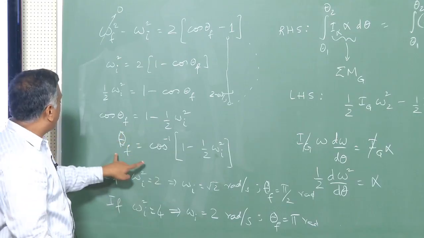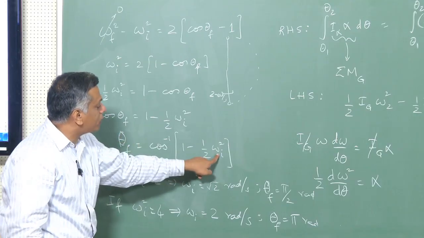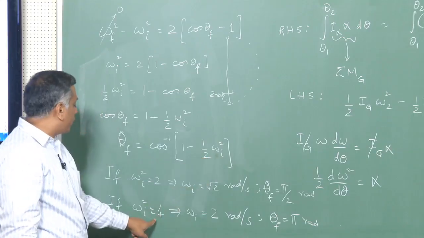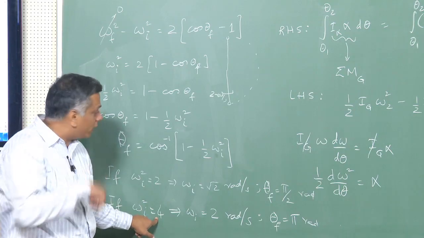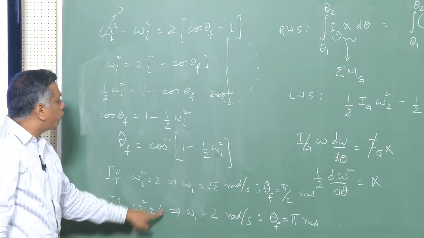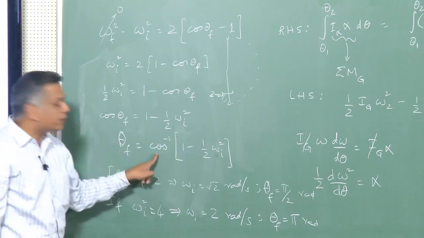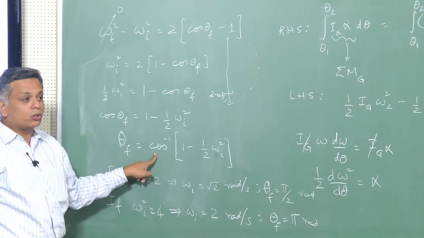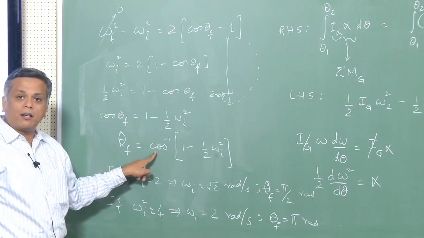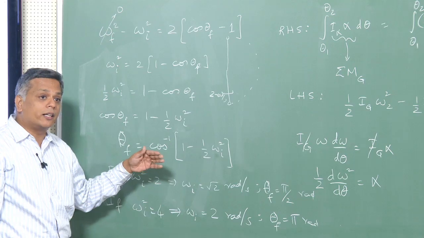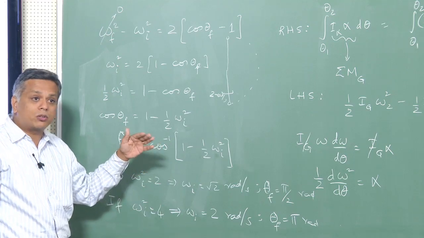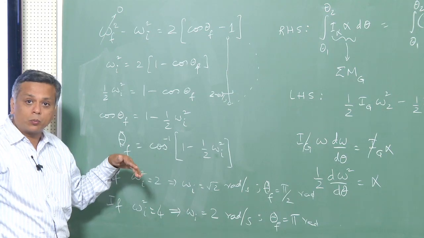Now let us go back and see what it means if omega I squared is slightly greater than 4. What we find is that the argument inside this cosine inverse is no longer greater than minus 1. It is minus 1.1 or 1.2.